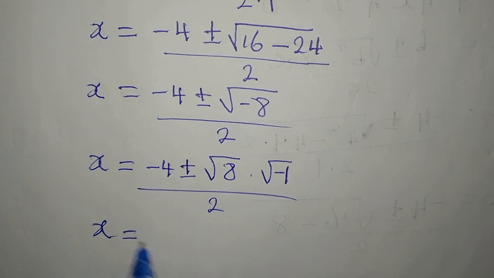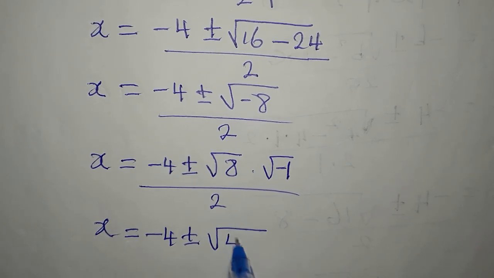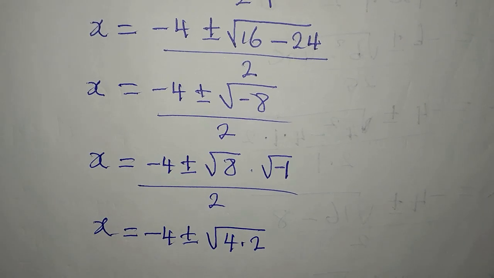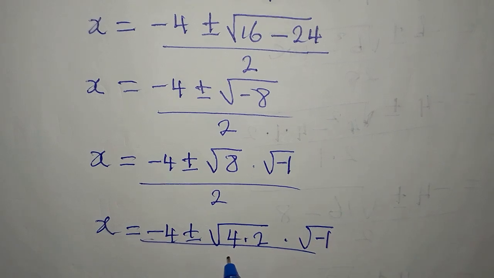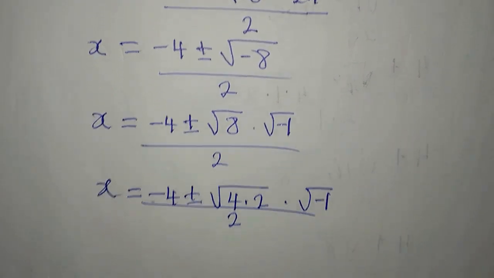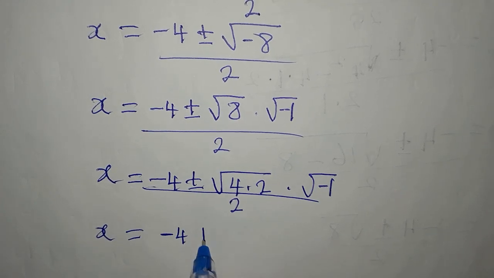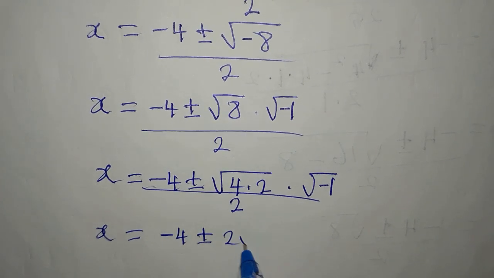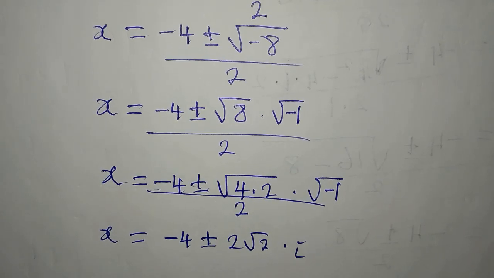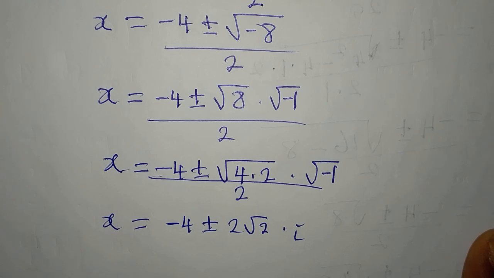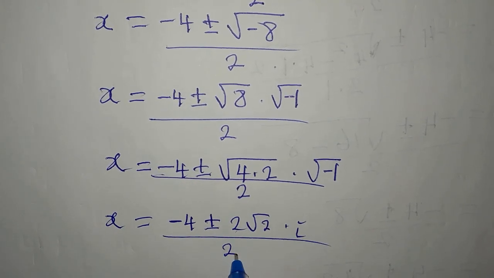Now x is equal to minus 4 plus or minus the square root of 4 times 2, because 8 is 4 times 2, then multiply by the square root of negative 1 as we divide by 2. What do I do? x remains minus 4 plus or minus 2 root 2, then multiply by i, because the square root of 4 is 2. Then we divide by 2.